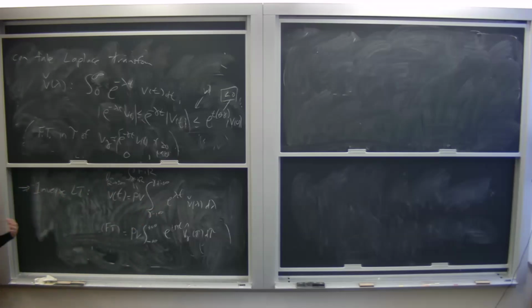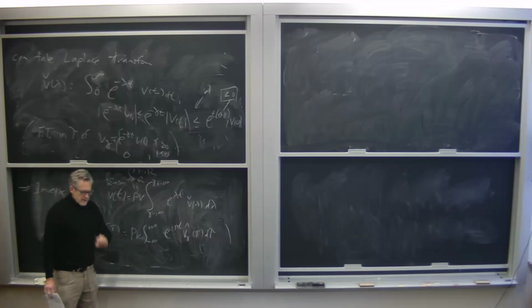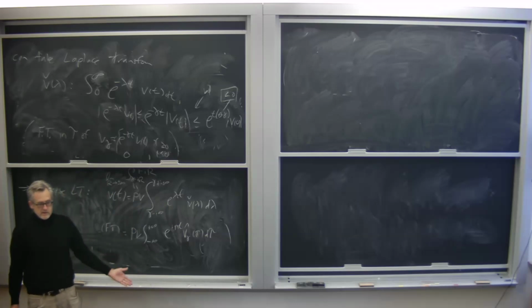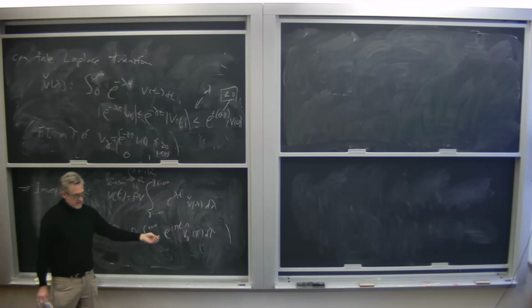That's the place where you will not necessarily have absolute convergence. And here's roughly why. When we take the Fourier transform, on the t side it's very good. It's L1 and L2 and L infinity for that matter. But that doesn't help us with the transform.